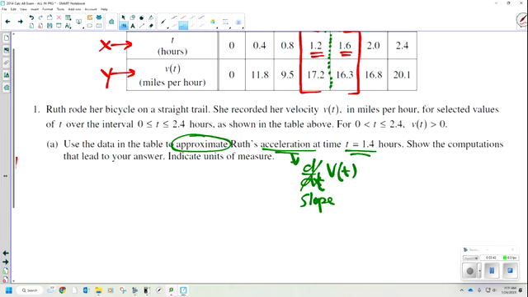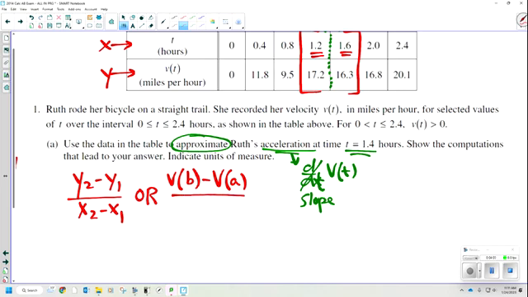So we could say y2 minus y1 over x2 minus x1, or the way our calculus book writes it, v of b minus v of a, all over b minus a.